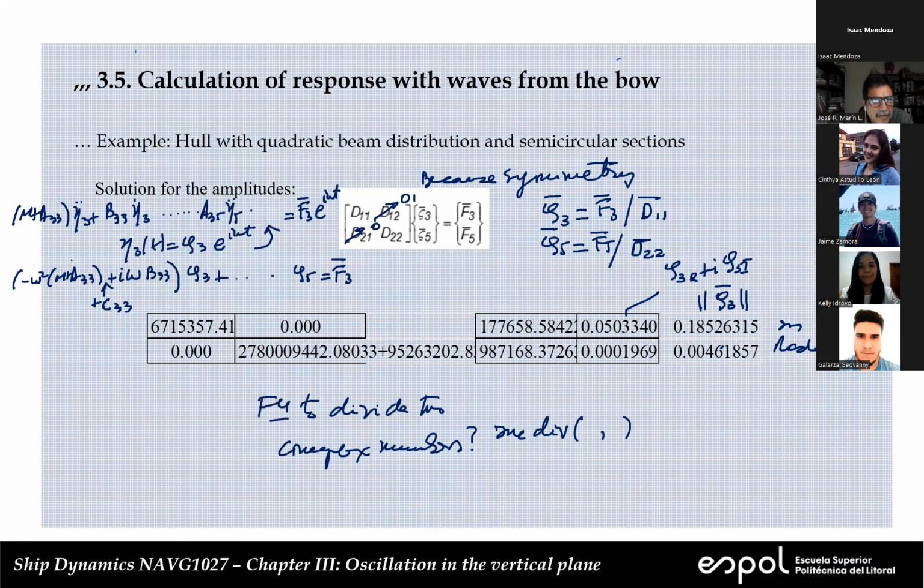So all of this in this big parenthesis is what we call D11. In this case, since it is a symmetric hull, all of these give you 0. That's why I marked this as 0. We have another equation for the pitch. And again, we have 0 here, and we have something similar to this multiplied by zeta 5, and that's D22.